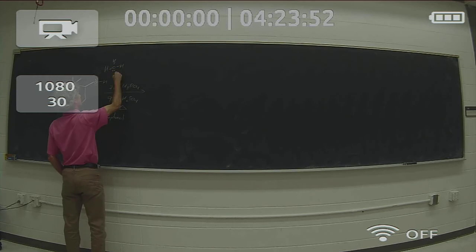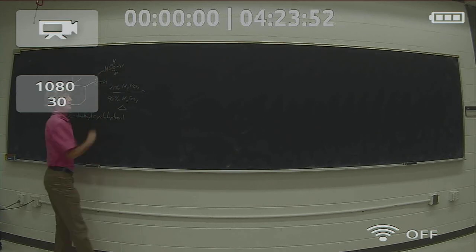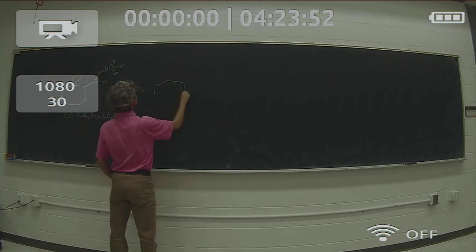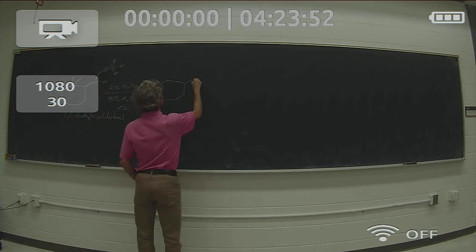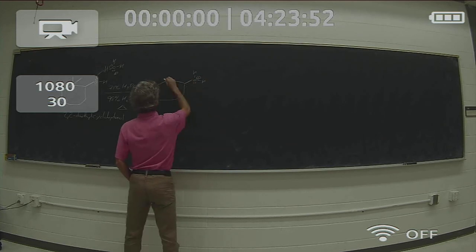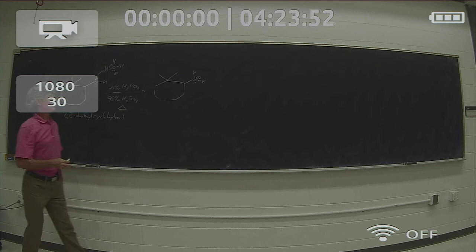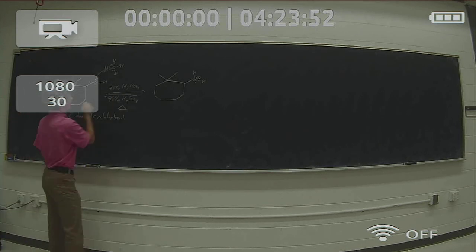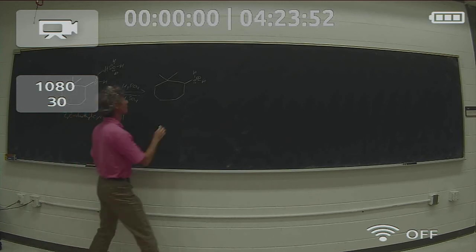Not surprisingly, the first thing that's going to happen is to protonate the alcohol to generate an effective leaving group. As always, that reaction is equilibrium.